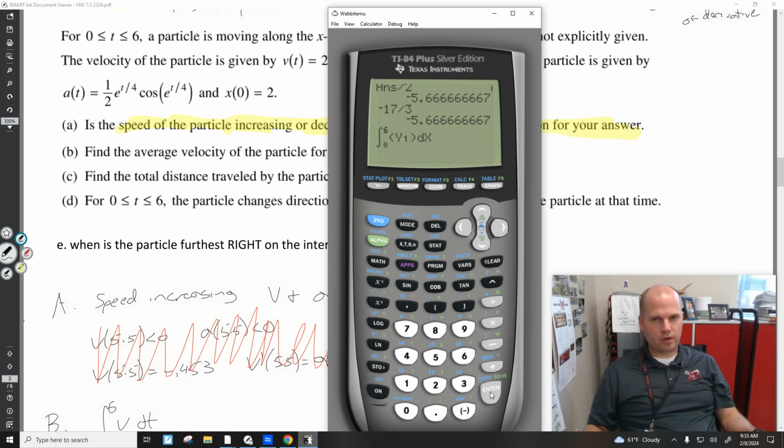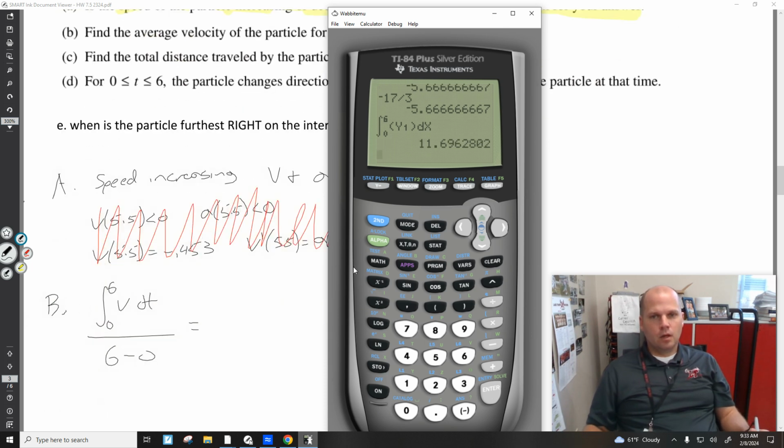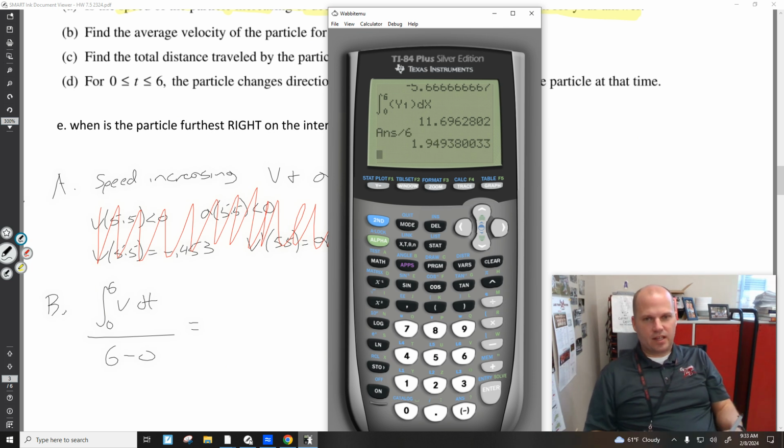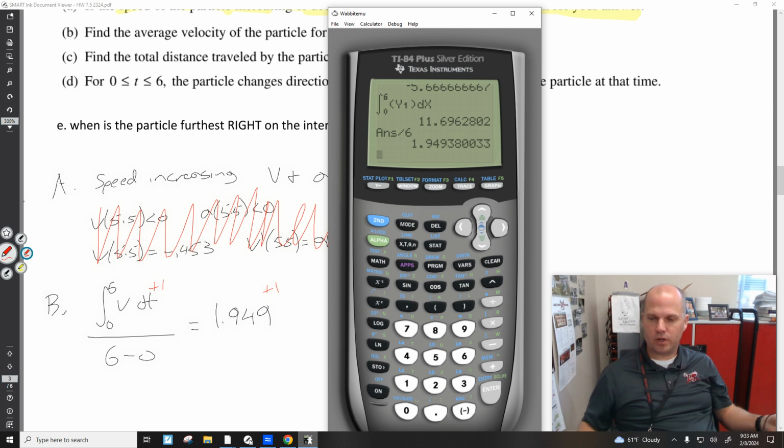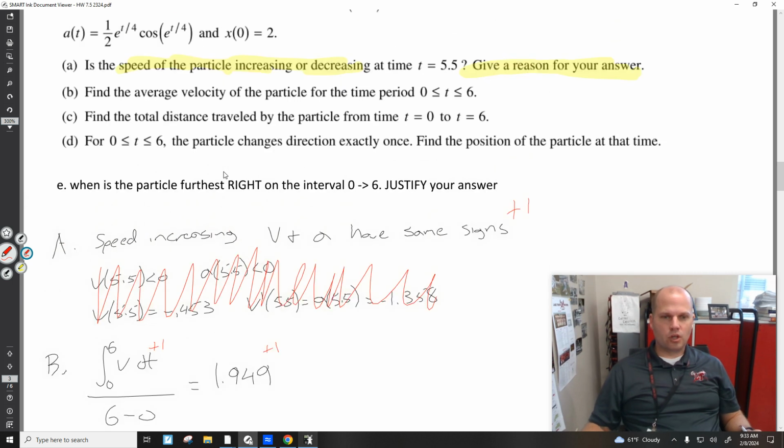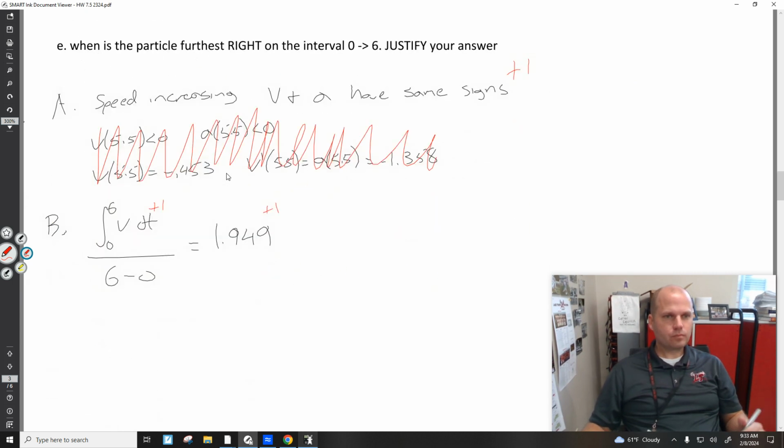Guys, get with the program and do your homework. Great. Don't forget to divide by 6. This is your answer. You get full credit for this. This is maybe worth 1 or 2 points, maybe 1 point to use an integral, 1 point to get the correct answer. No naked answers. You can't just write down this answer. This has to be included. So we're at 3 points total.